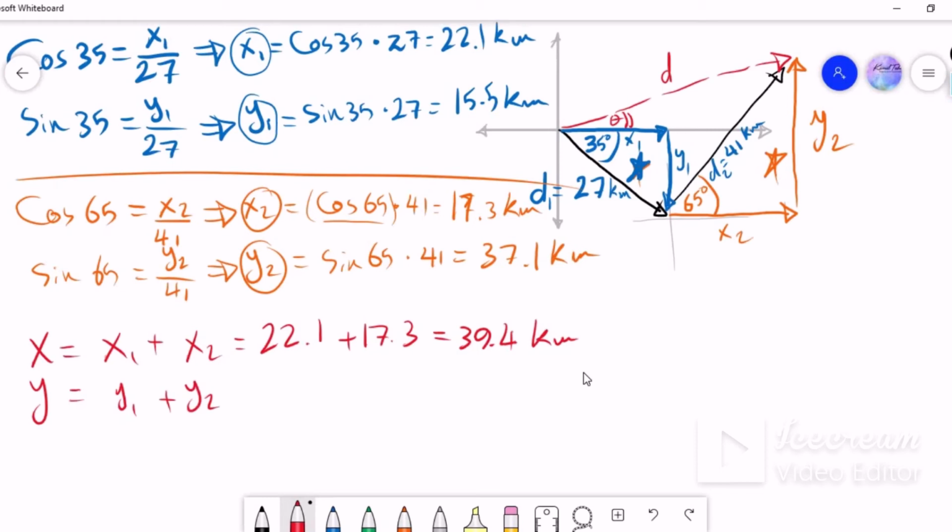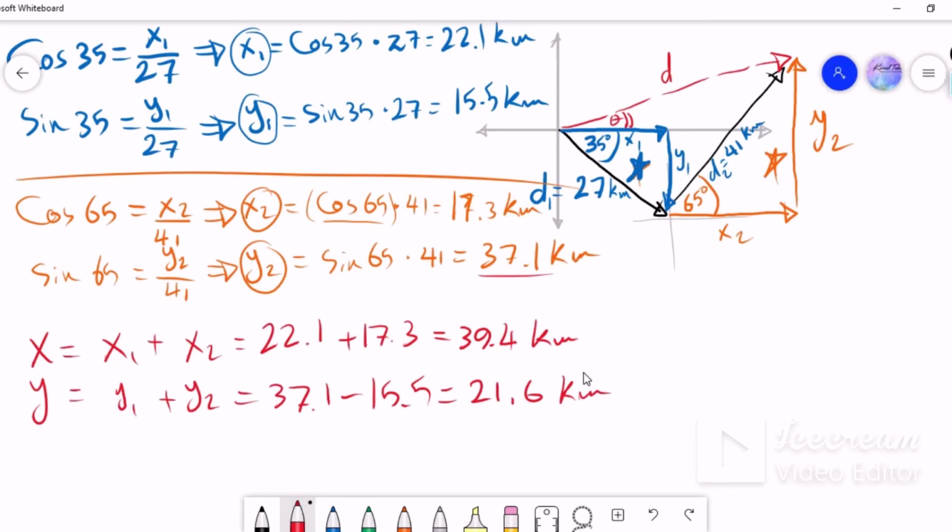Here y1 is in the opposite direction of y2. We can say that 37.1 subtract, or negative, 15.5, equals 21.6 kilometers. Be careful. Now we subtract. Why? Because we have opposite directions for this and this.